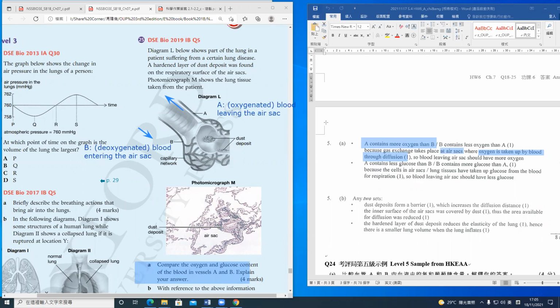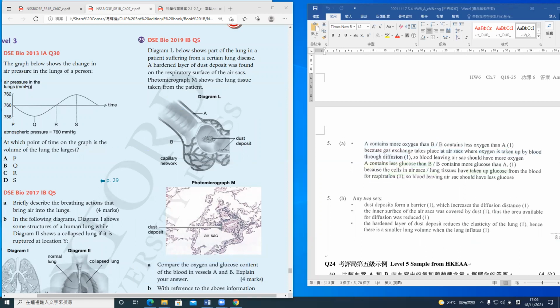On the other hand, using green color, A contains less glucose than B, because the cells in the air sacs take up some glucose for respiration. So this is 4 marks for you.